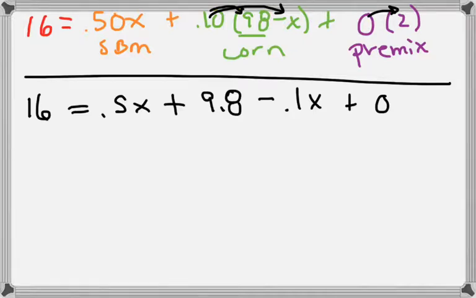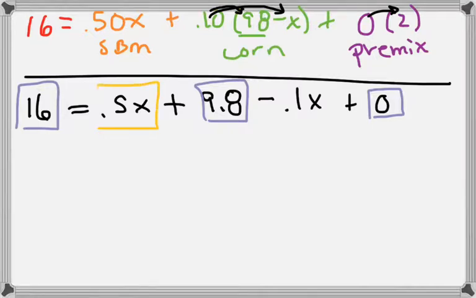And just to help keep us organized, we're going to find our like terms: whole number, like term, whole number, like term. Same with the x's. And just make sure that we remember that this minus sign is with that 0.1.